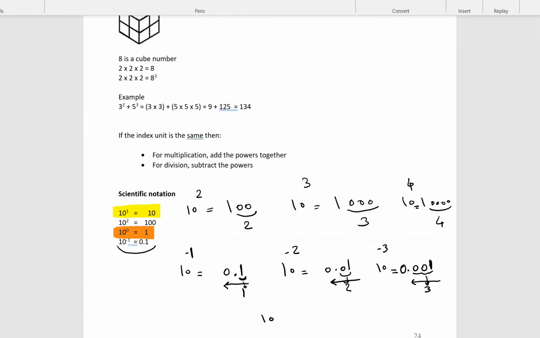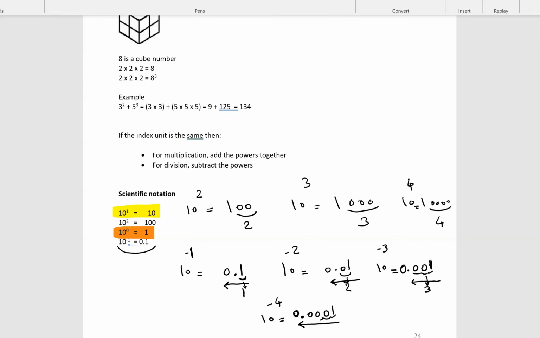10 to the power of minus 4 equals 1 digit, second digit, third digit, fourth digit, and then put 1, 0 point and 0 point and 0.